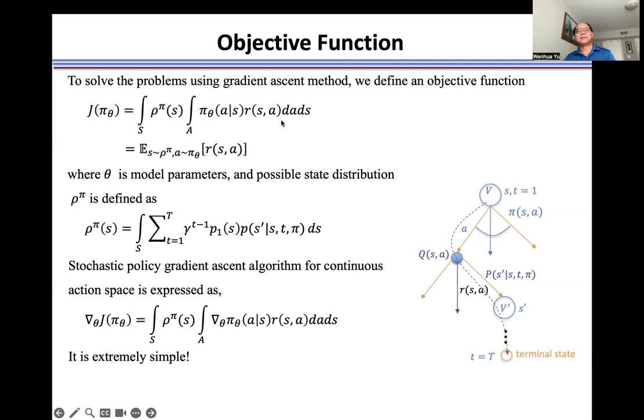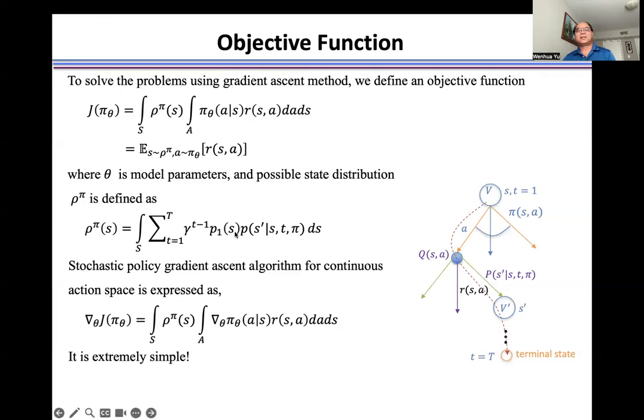Let's say this objective function includes two parts. One part is called the state distribution. Distribution includes the future discounted factor. That means in the future we are not sure exactly what reward we will receive by selecting the action under the policy.